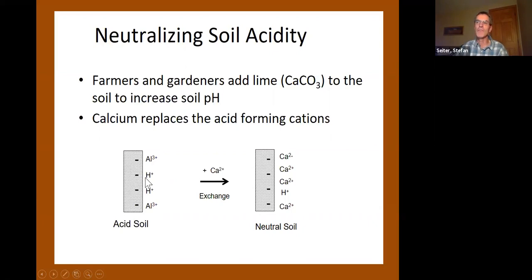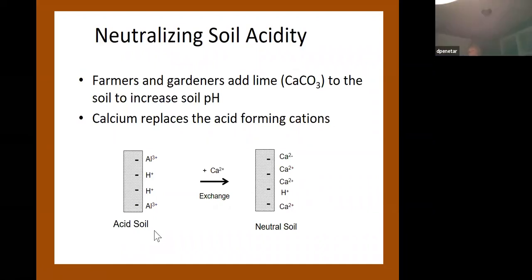So it's the aluminum, it's the hydrogen, and only every once in a while you might have some of these other cations. But once you add, basically you overwhelm the system with these calcium cations, and now most of these acid-forming cations get bumped off, and now you have the calcium sitting on that soil, and it neutralizes that soil. So that's sort of the principle of how liming works.